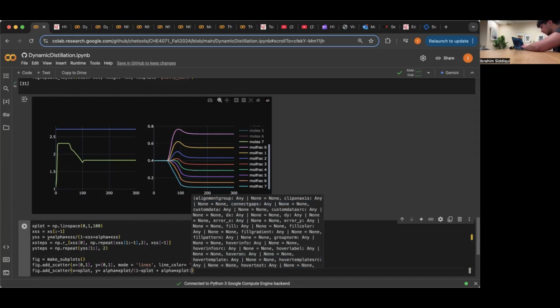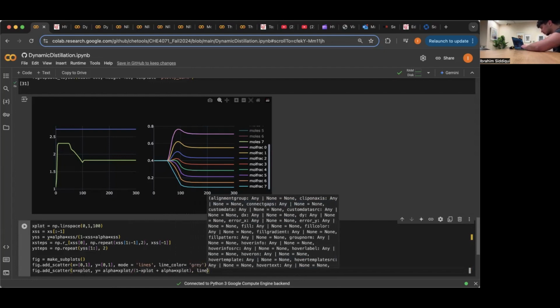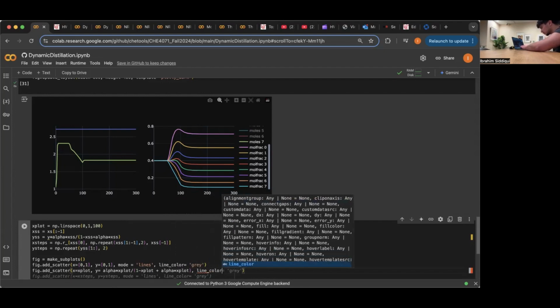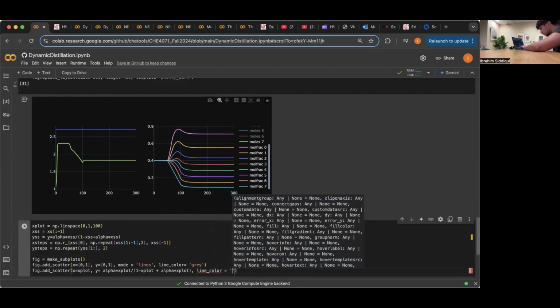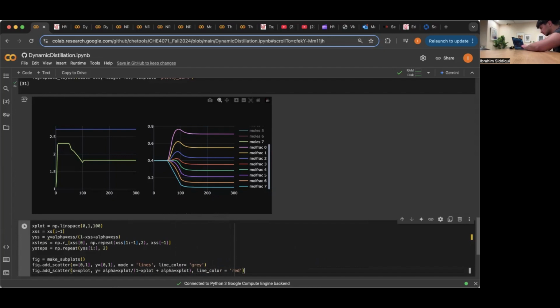And we're going to go ahead and again give this a line color. So let's say our line color is going to be equal to red in this case.